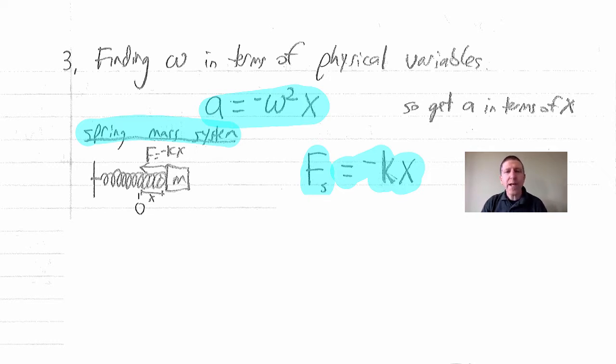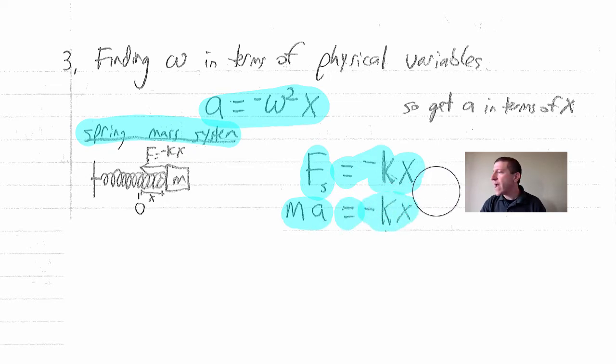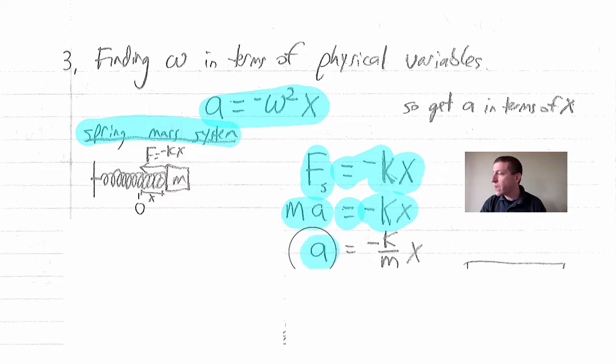Well, if the spring is the only force, then the force of the spring will be m times a due to Newton's second law. So m times a will equal negative kx. How do we solve for the acceleration? We get negative k over m times x.